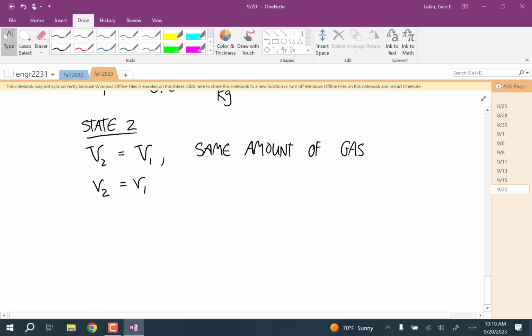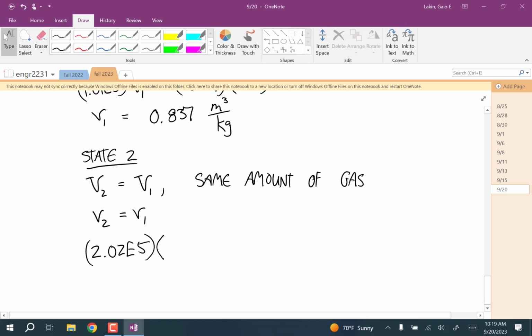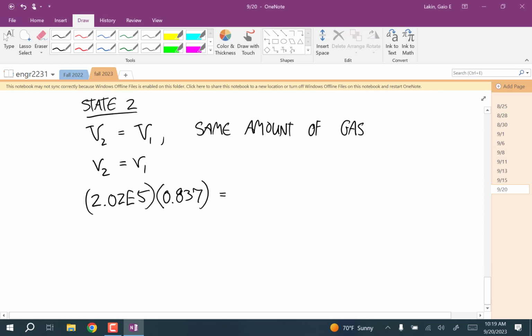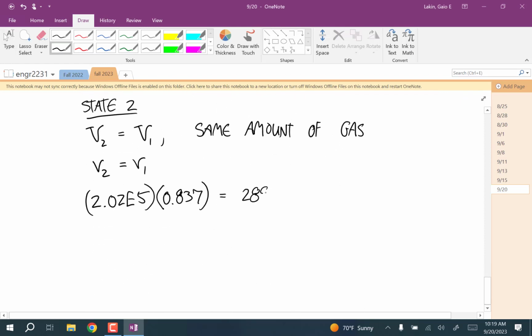So now we can say that the pressure at state 2, 2.02 times 10 to the 5th, times 0.837 is equal to 288.7 times T2.